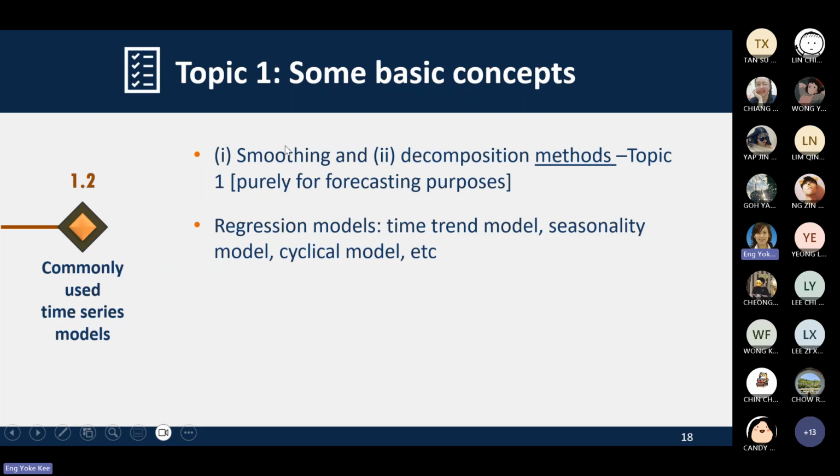The smoothing procedure and the decomposition method are two very classical tools in time series data, mainly for forecasting purposes. It doesn't help us understand how Y behaves, but it helps us forecast Y instead. So these are very classical forecasting tools.